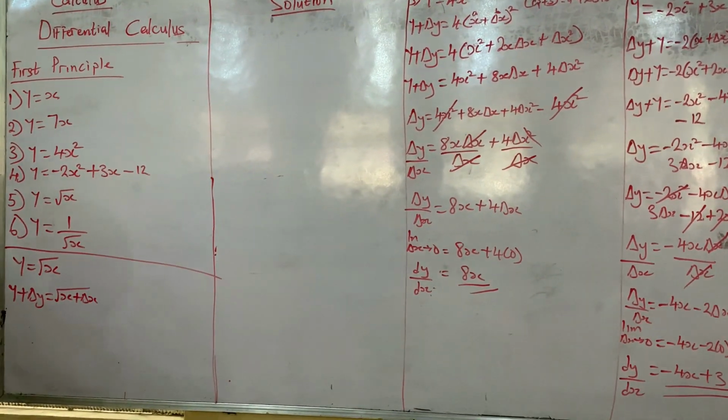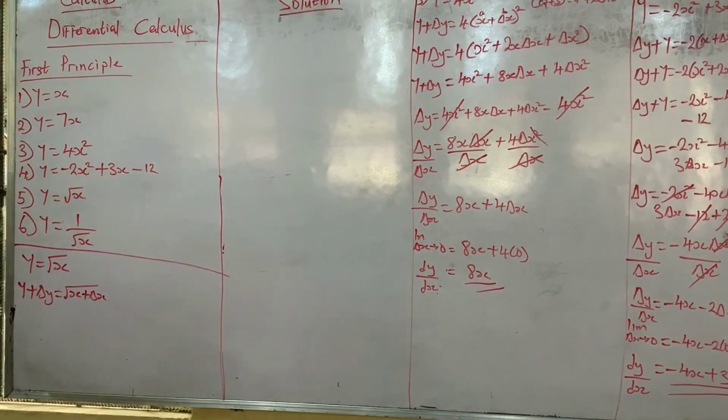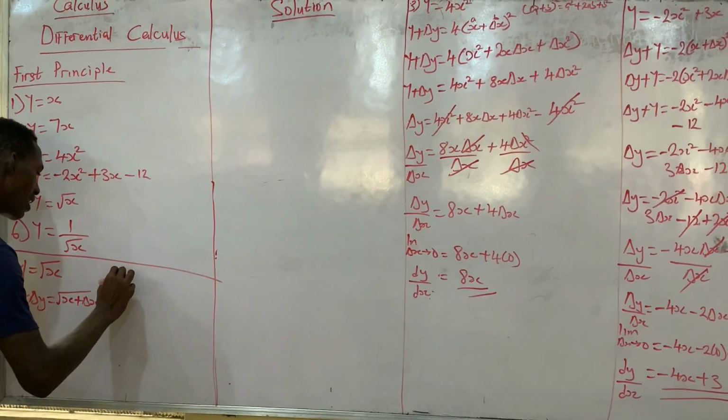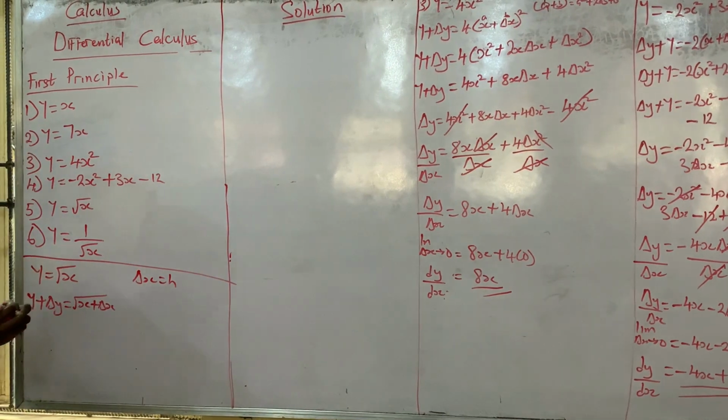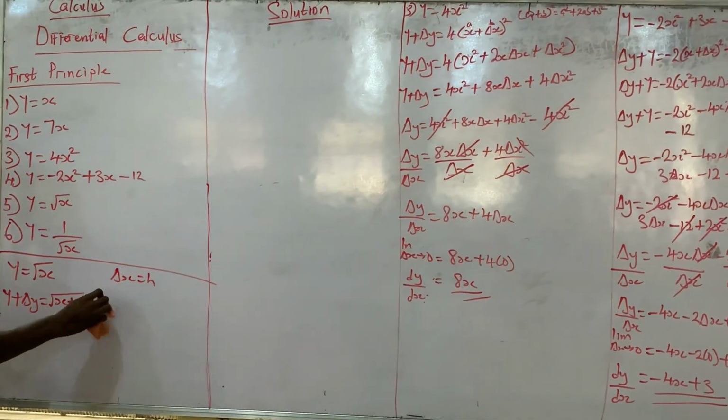Now this time around, because using change in x seems to be bulky, let's make change in x equal to h. So whenever you see h, you know that I'm talking about change in x.